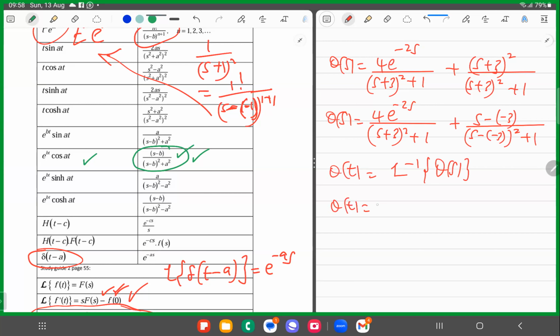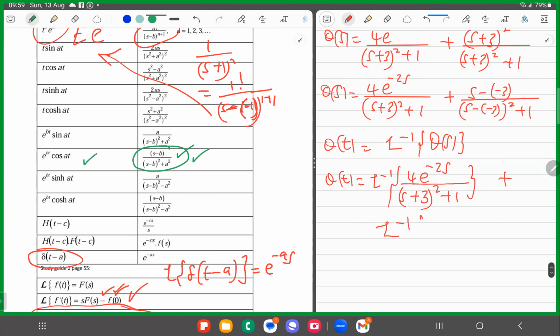So theta of t is the inverse Laplace transform of e to the minus 2s divided by (s plus 3) squared plus 1, plus the inverse Laplace transform of (s minus (minus 3)) divided by (s minus (minus 3)) squared plus 1.